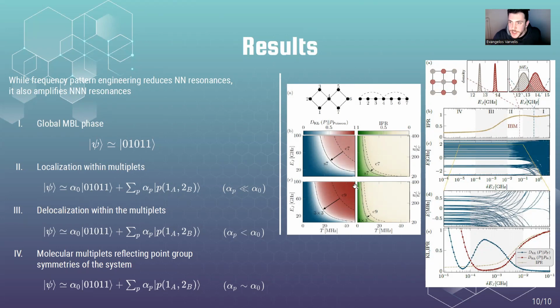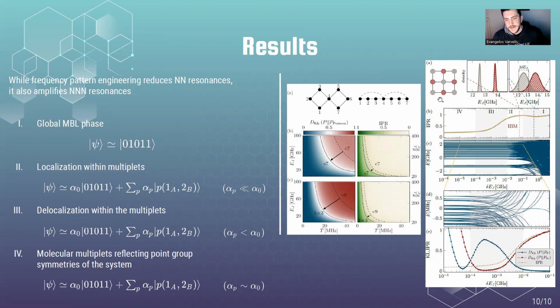The other strategy people are planning on is what is called frequency pattern engineering. In this scenario, say we have an array of transmons like this, and you're trying to make the disorder of your system as small as possible.